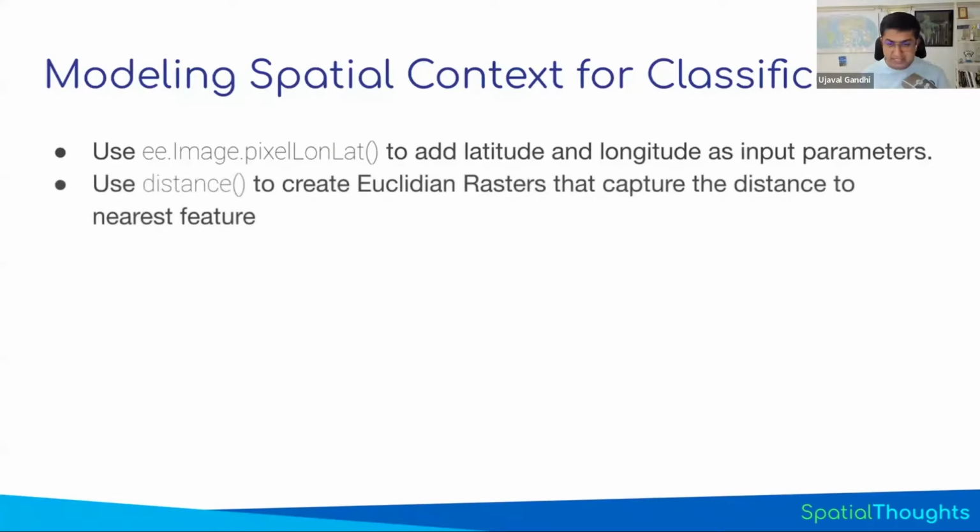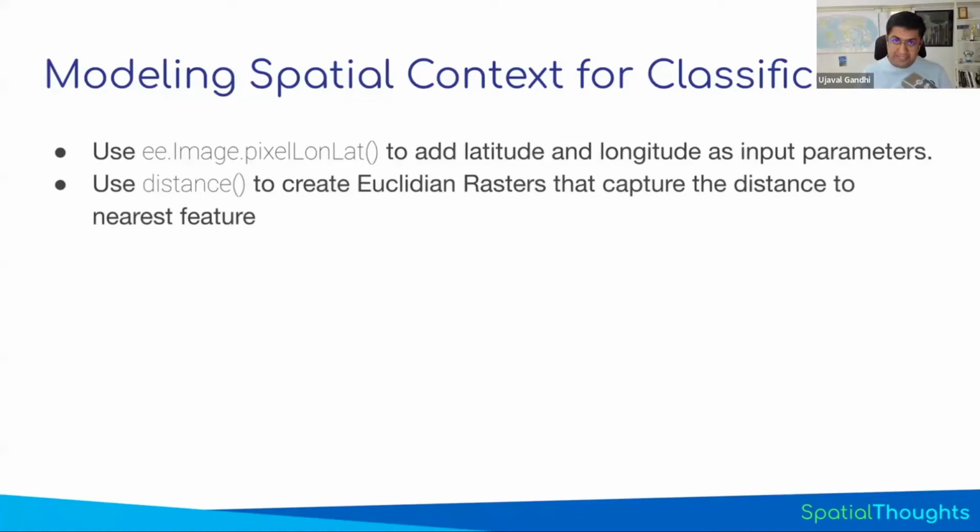Second, there's a function called distance, which allows you to compute distance to the nearest pixel in an image or the nearest feature in a feature collection. A classic example that would use this is, say, you are trying to predict house prices, or you're trying to predict urbanization.